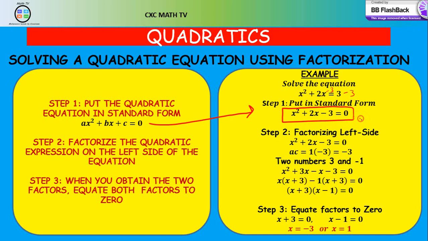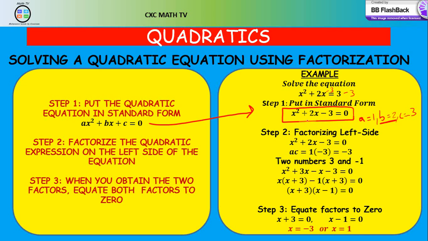So realize that A was 1, B was 2, and C was negative 3. From that, we identified A times C as negative 3. But then we have to ask ourselves, which two numbers when we multiply them will get negative 3, but when we add them we'll get B, which is 2. Those two numbers had to be 3 and negative 1.